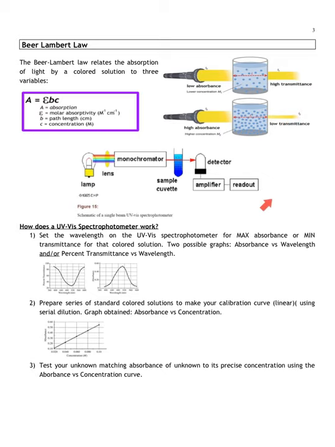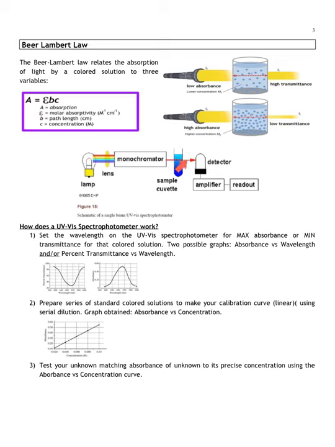The way a UV spectrophotometer works to measure that is, first you want to select a wavelength of light that has optimal maximum absorbance. Once you select that wavelength, that light will go through your sample, which is in a cuvette that has a certain path length. That's the path length that you see in the B right here, a certain measurement in centimeters.